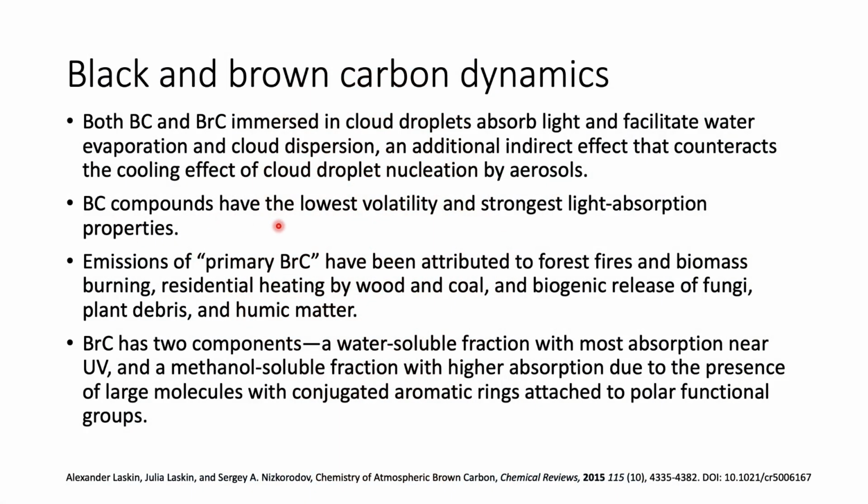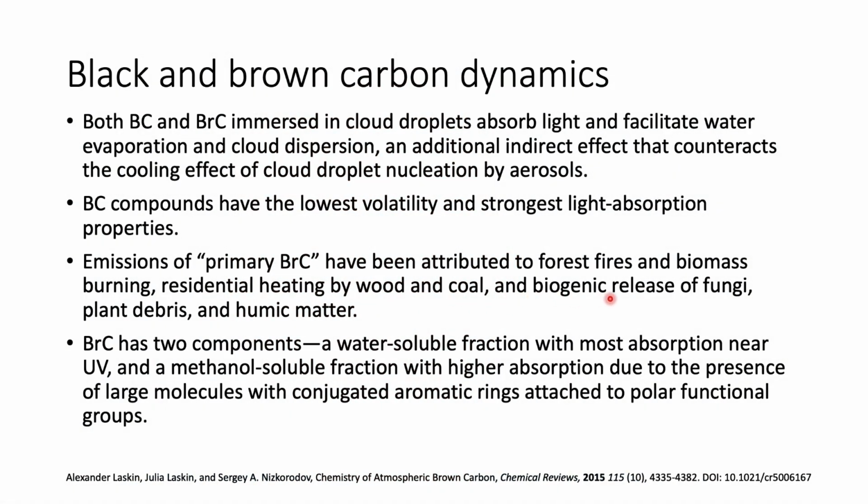The black carbon compounds have the lowest volatility and have the strongest light absorption properties. Emissions of primary brown carbon have been attributed to forest fires and biomass burning, residential heating by wood and coal, because the Arctic region is extremely cold, so people use firewood to keep their house warm. Coal and the biogenic release of fungi, plant debris and humic matter are the sources of brown carbon.